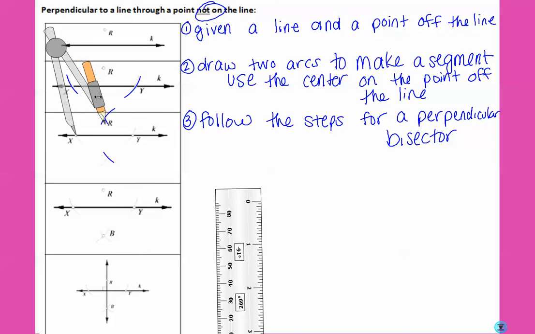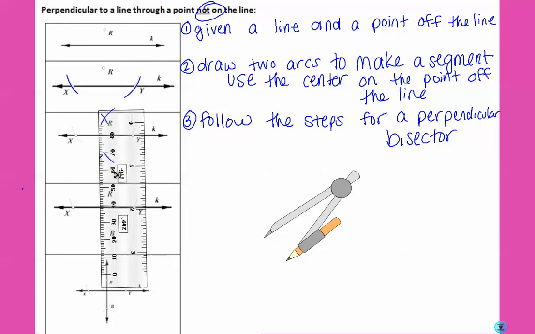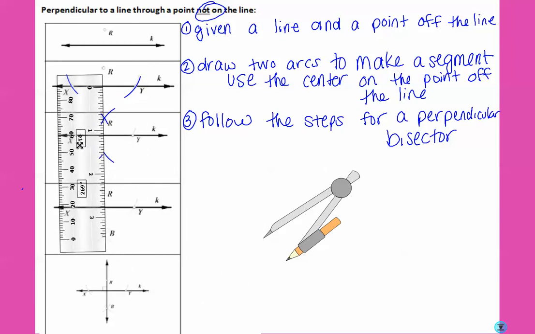Spin it around. Make my arc below. And then I can use my straight edge to connect the intersections and make my perpendicular line.